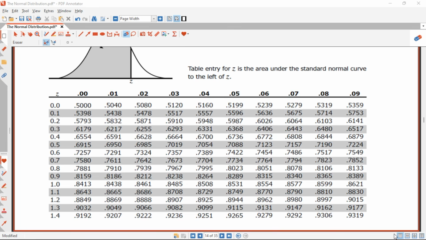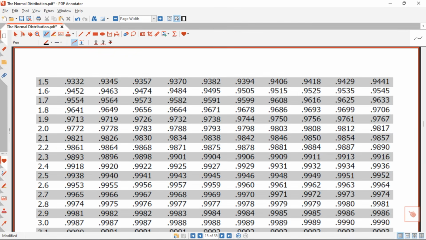Since our z was positive, we were having z equal to 1.59, we are going to the positive z table, where the entries for the z are all positive. When we come here, we can locate our 1.5 at the row section. As I told you, the 1.59 can be grouped into 2.